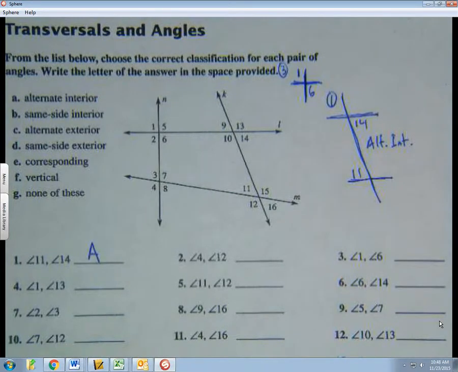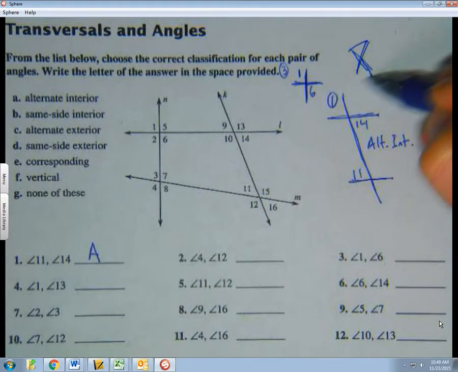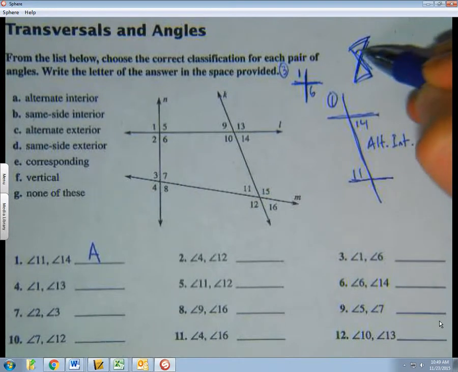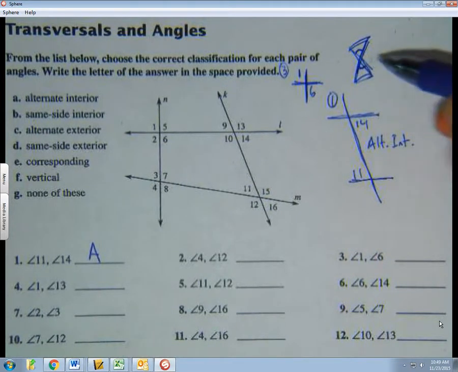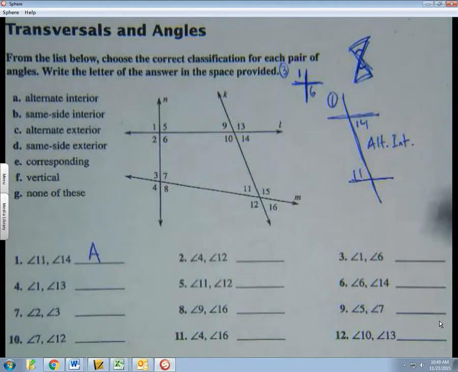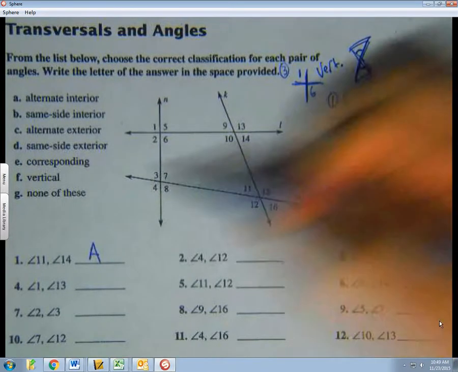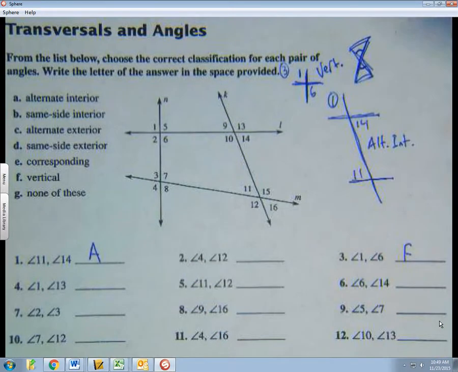Well, we should know those, because we had a whole bunch of this last chapter. And anytime we are here, which is what we have here, then those are vertical, which is F.